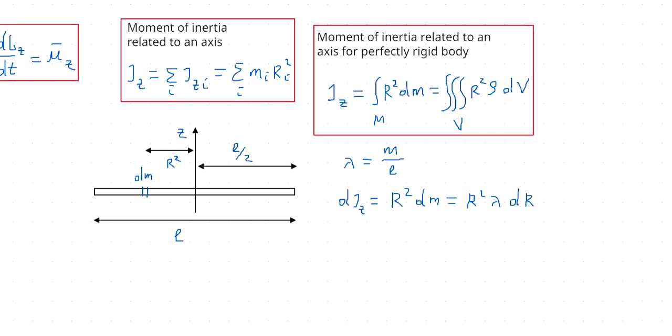So we can write that this is equal to m divided by L, mass divided by length, multiplied by r squared, and multiplied by dr.